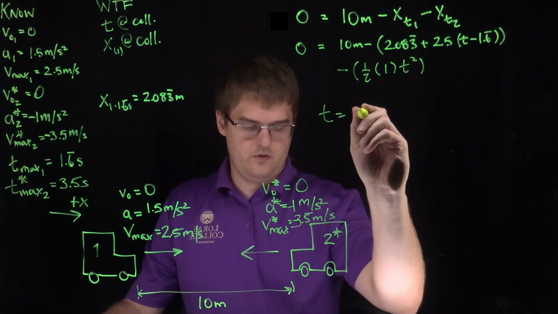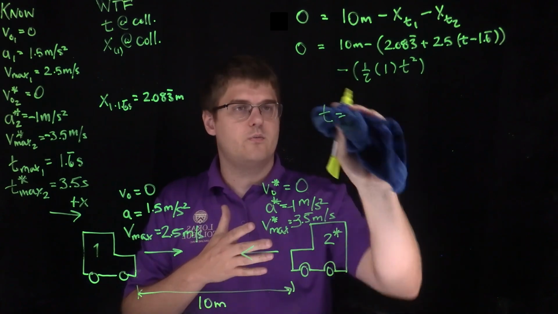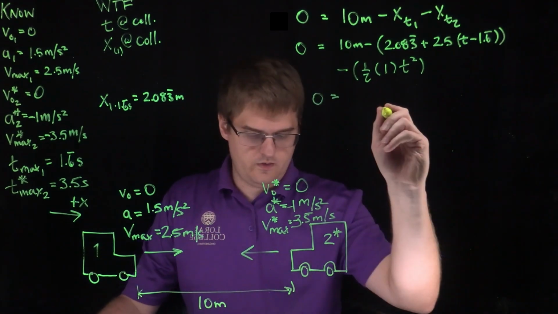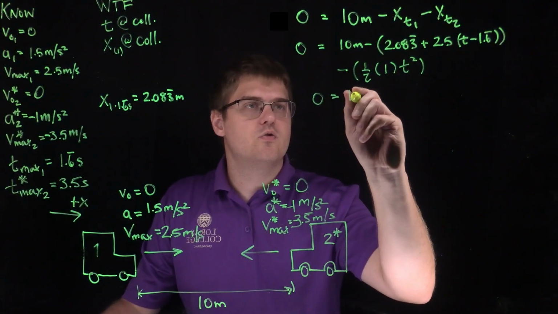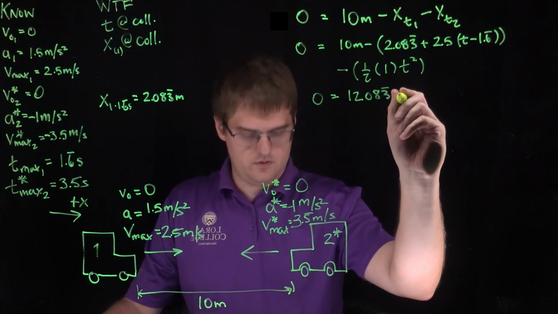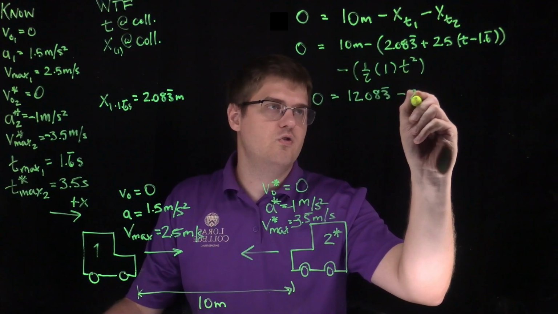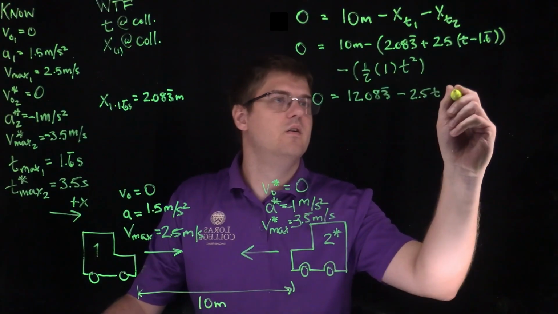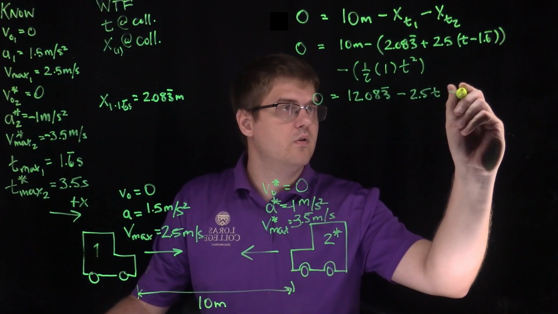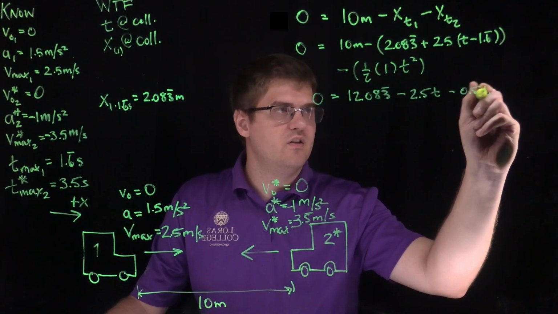Let's write it out first. Let's write it out that this says 0 is equal to 12.083 repeated minus 2.5t minus 0.5 t squared.